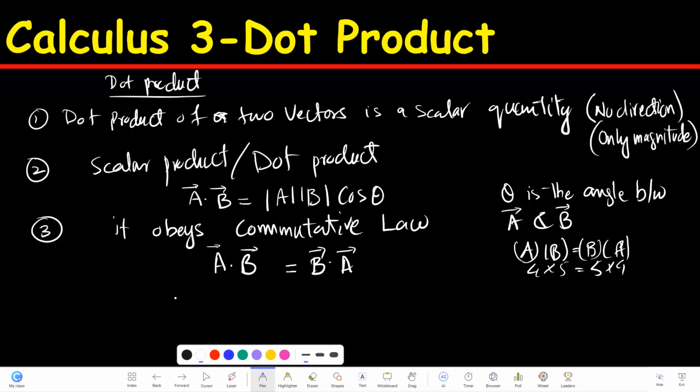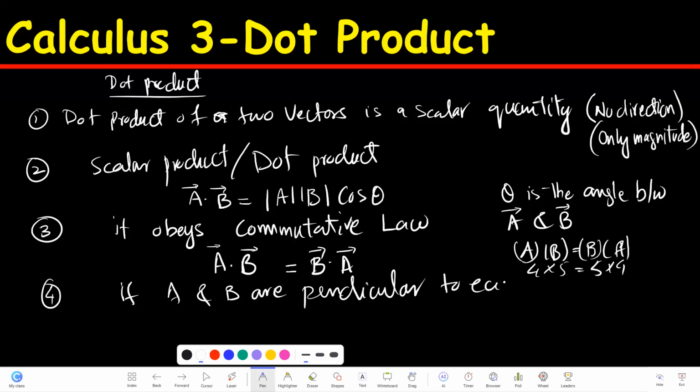Let me ask you one question before I write point number 4 or 5. If two vectors A and B are perpendicular to each other, do they support each other when you want to multiply them, or do they basically destroy each other?